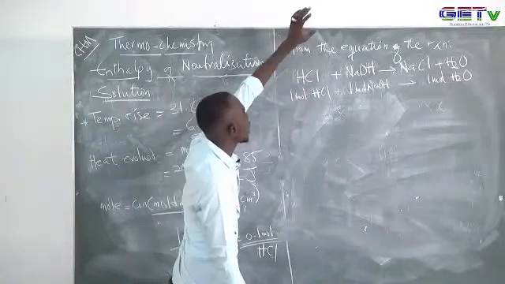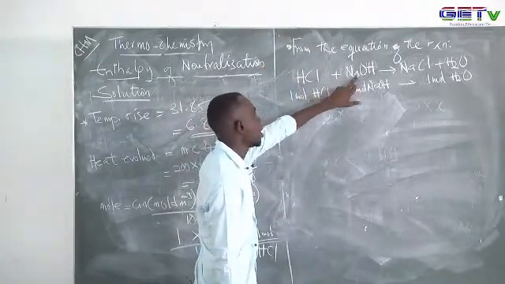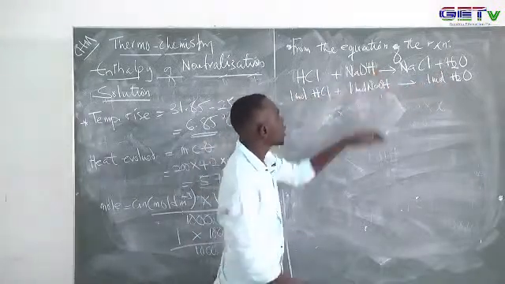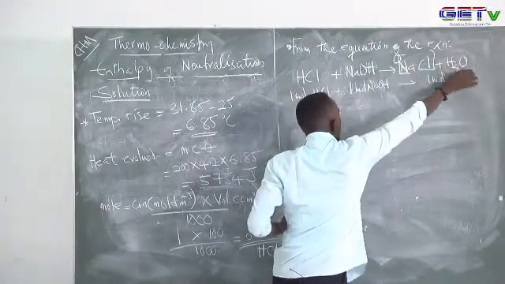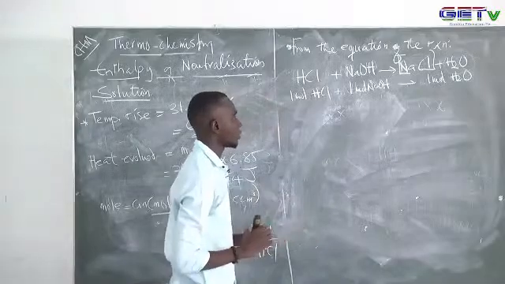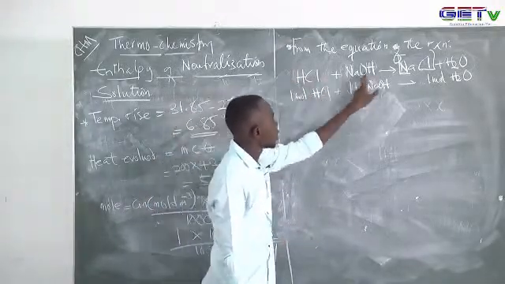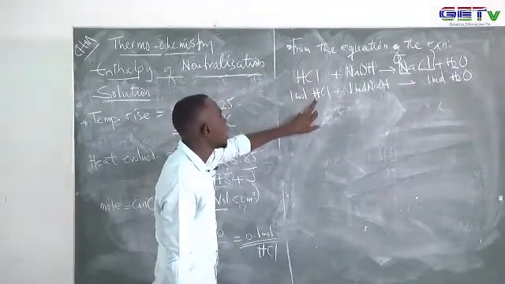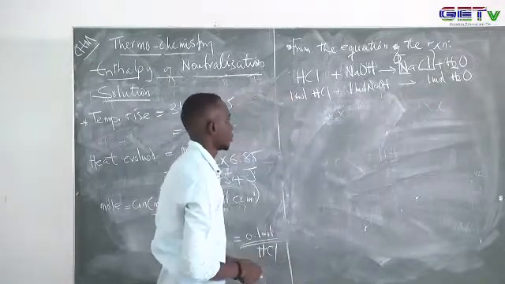Now, from the equation of the reaction, we have HCl plus sodium hydroxide equals sodium chloride plus water. We will ignore the sodium chloride because water is the major product in this reaction. Here we have 1, and here also 1. Which means 1 mole of HCl reacted with 1 mole of sodium hydroxide to produce 1 mole of water.